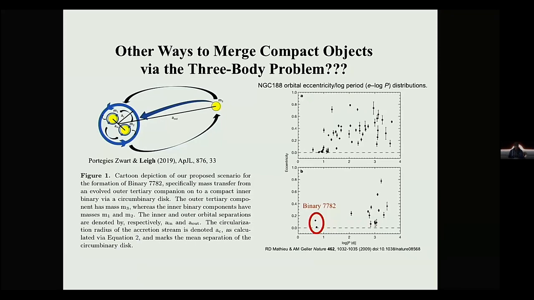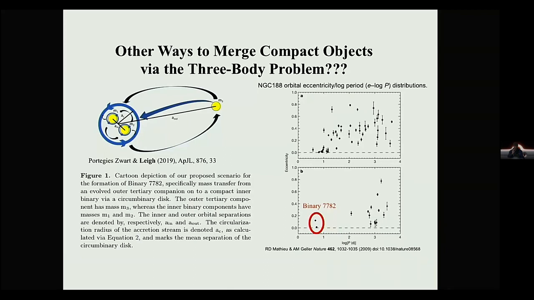In this scenario, you can accrete from the outer tertiary companion onto the inner binary, and the accretion can proceed via a circumbinary disk, as shown in figure 1 there. And accretion from a CBD, as has already been discussed, can proceed by keeping the mass ratio close to unity.